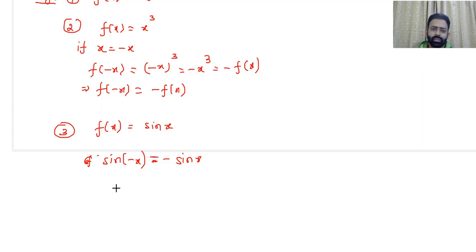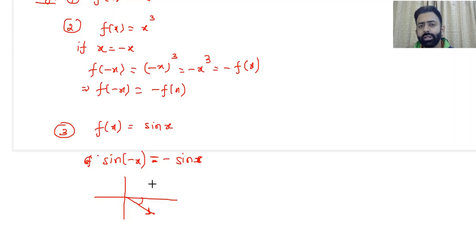So sine of minus x is in fact minus sine x. Applying the same logic, if the angle is in the fourth quadrant, sine remains negative. So if you give a negative input to sine, meaning you are in the fourth quadrant, output will be minus sine x. So sine x is an odd function.